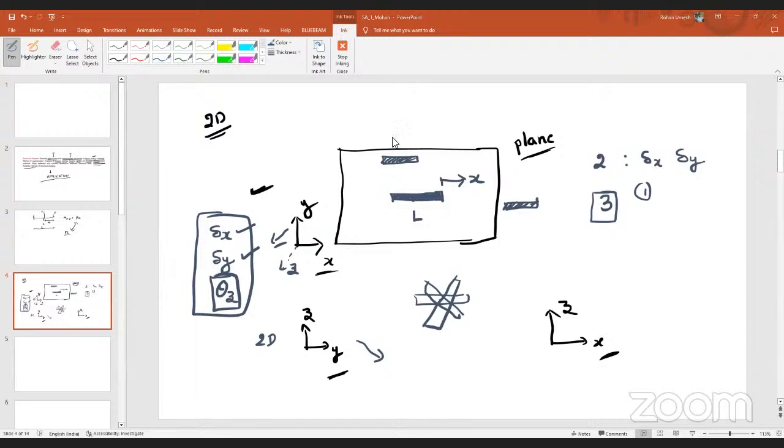What are those 3? Translation and rotation. Always please be specific with the direction because it will help us a lot. So here it can move along Y, it can move along Z, and what about the rotation? What is the direction of the rotation? Theta X, sir. Theta X, right?